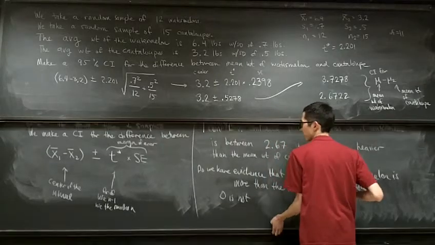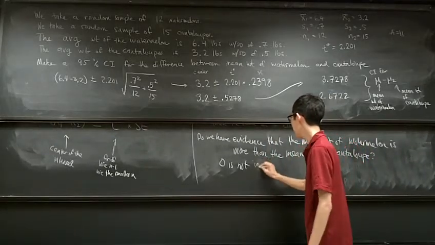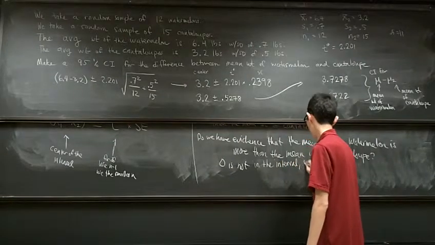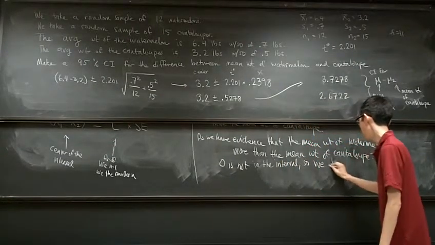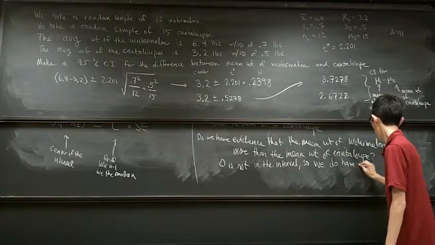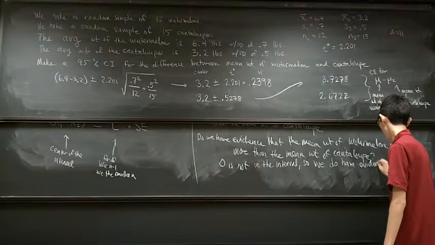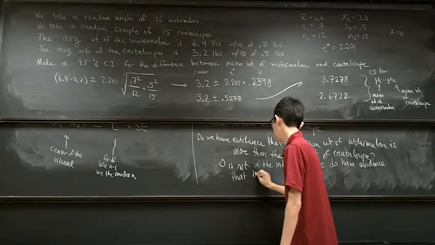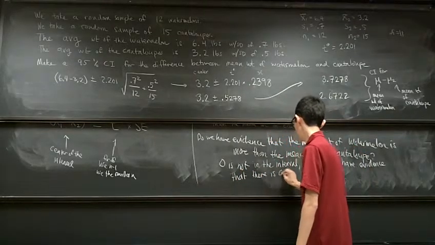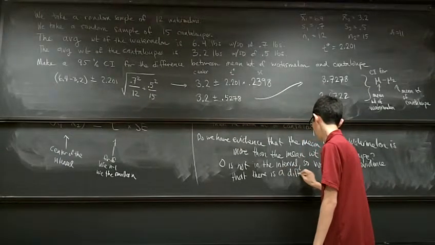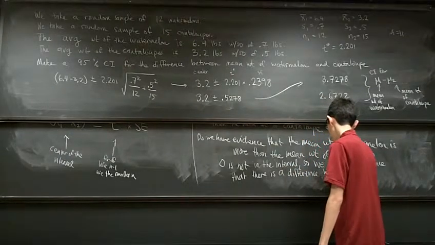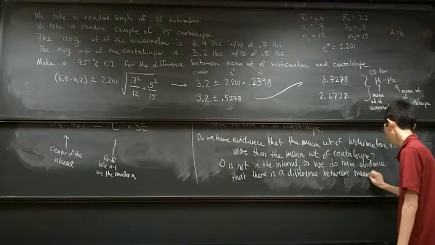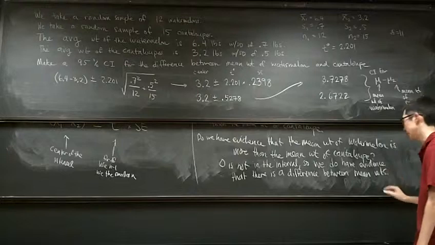Now we'll speed this up. 0 is not in the interval, so we do have evidence that there is a difference between mean weights.